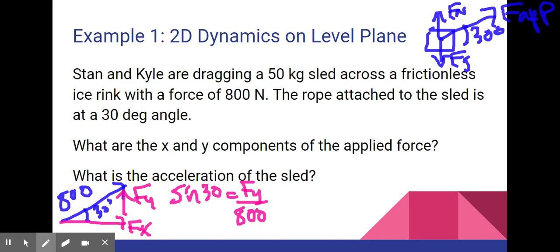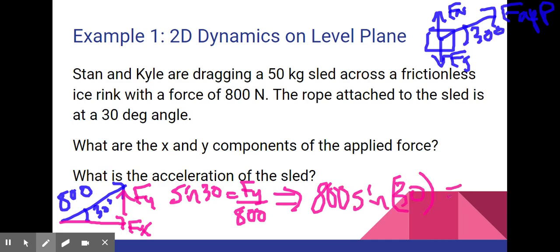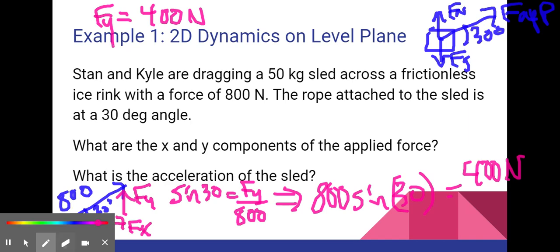If we rearrange this equation, we have 800 times the sine of 30, and that's going to give us our f sub y. So 800 times the sine of 30, make sure you're in degree mode, is 400 newtons. So our f sub y component is 400 newtons. I'm going to write that up here so that we can use that space again. F sub y is 400 newtons.